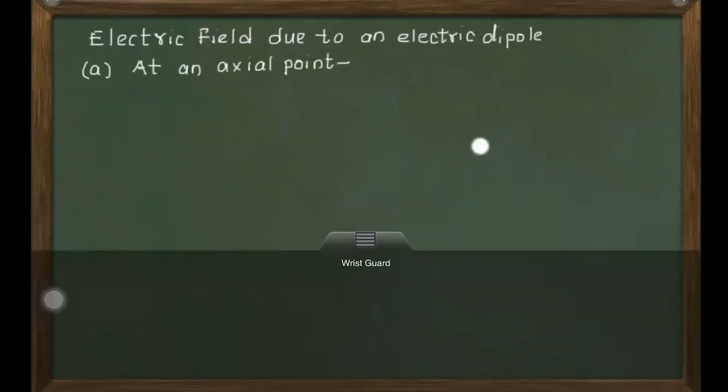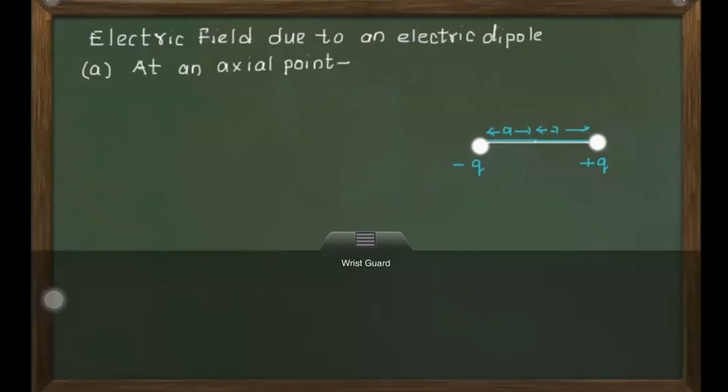To go for that, I'm going to take a dipole. Suppose this is the first charge, this is the second charge. The first charge is minus Q, and the second one is plus Q. The distance between these two charges is 2A, so the distance from the midpoint is A and A. The line that joins these two charges is called the axis.